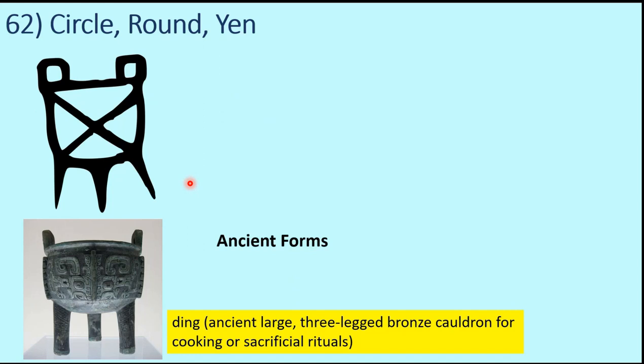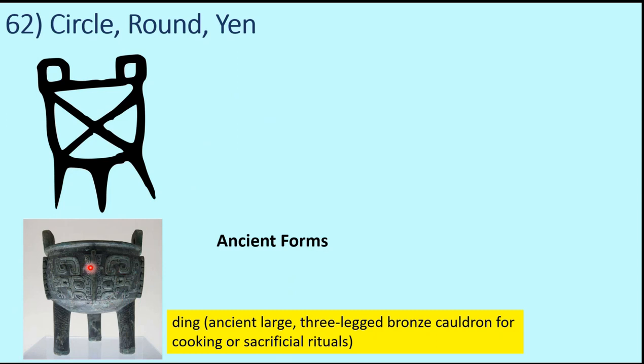Now, how was this symbol arrived at? As you can see here, this is some ancient container kind of thing, which is called ding. Ding means it is an ancient, large, three-legged bronze cauldron for cooking or sacrificial rituals. So in Japan, this ancient utensil, or we can call it cauldron, was basically a cooking utensil.